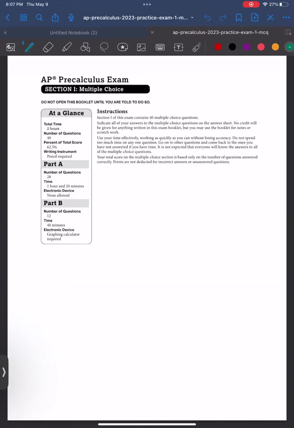Another tip is if, let's say, you're on question 20 and they call 10 minutes left, just fill in all the questions you have yet to answer with either B or C. That way you're not leaving anything blank. You have a 25% chance that the answer is B or C. But the one thing you shouldn't do is just put random ones for all the questions. You're more likely to get questions correct if they're just all one answer.